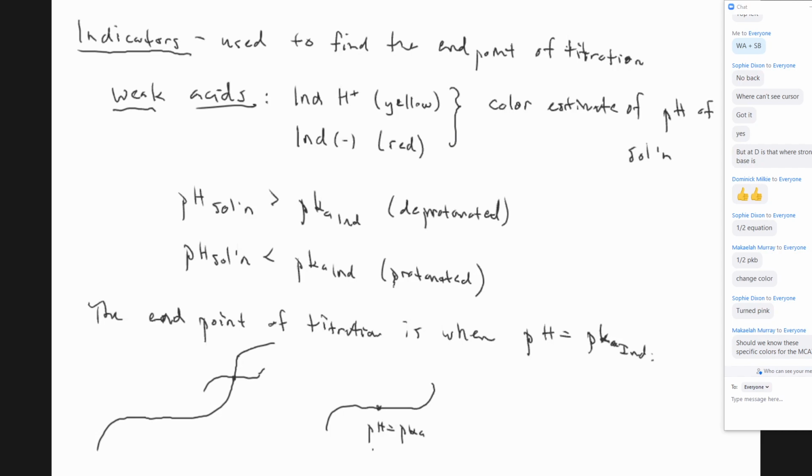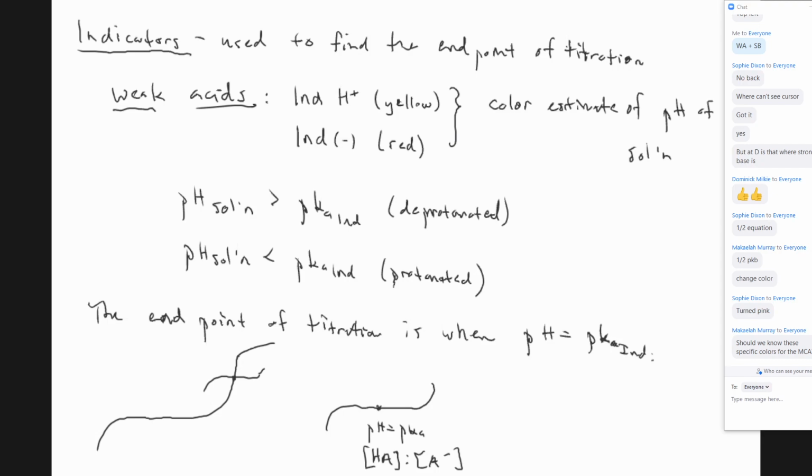And that is when the concentration of your acid equals the concentration of your conjugate base, because we know log of 1 is 0 in Henderson-Hasselbalch. That's how I know its pH is equal to pKa. So if we use Henderson-Hasselbalch, this is pKa plus log of conjugate base over conjugate acid.